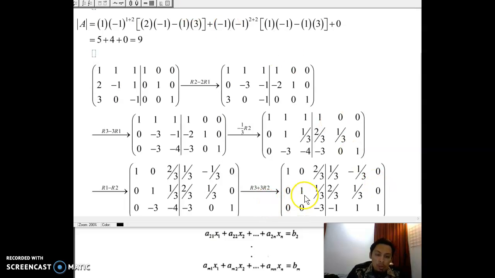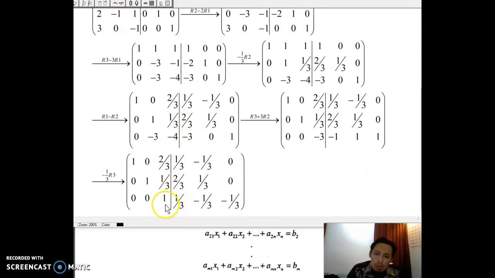So we have solved 2 columns. Now let's go to the third one. We're going to change this into 1. How to change negative 3 into 1? Just like before, we multiply it by negative 1 over 3. So for this one, negative 1 over 3 times 3. Next, let's change this into 0. How to make 2 over 3 become 0? Just subtract it with itself, 2 over 3 minus 2 over 3, so we multiply this row with 2 over 3.